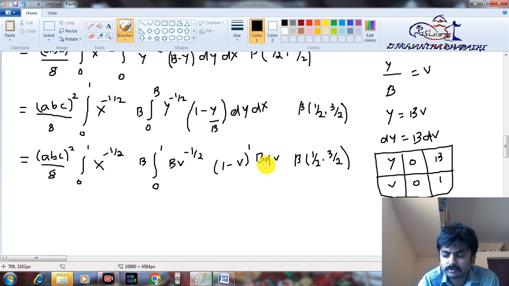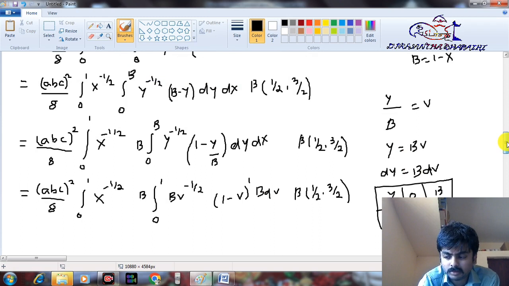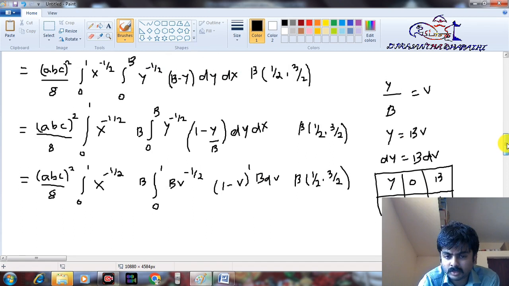We have to check whether it is correct or not. So previously we are having 1 minus y by b, we are checking. See, so here it is y power minus 1 by 2, that is b v power minus 1 by 2. So dy equal to b into dv.